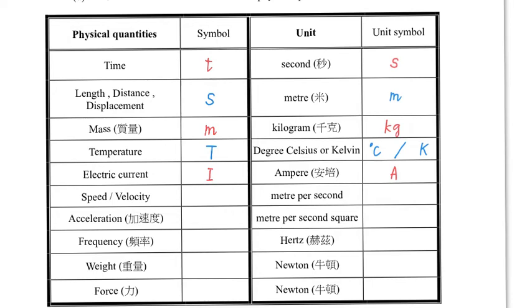For speed or velocity, we will use v, and the unit is meter per second. Maybe some students come across this unit written as m per second.